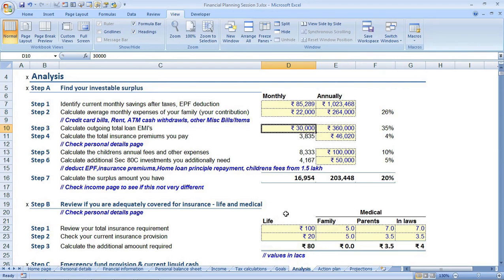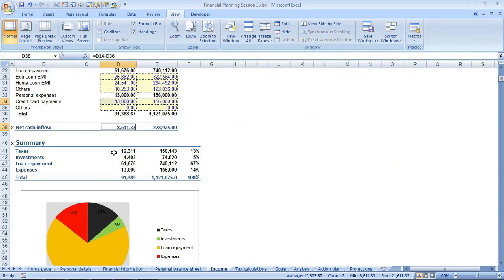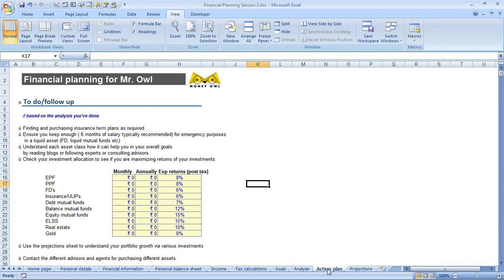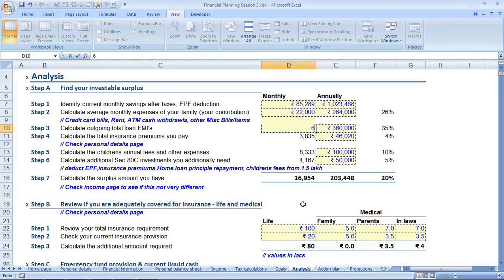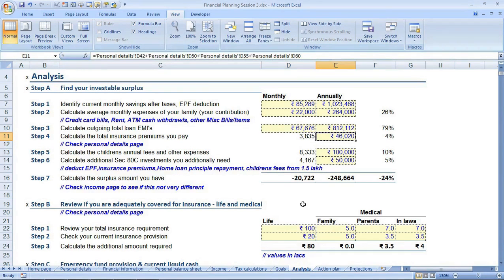Outgoing total loan EMIs, 67,676. Insurance premiums you pay, 0.